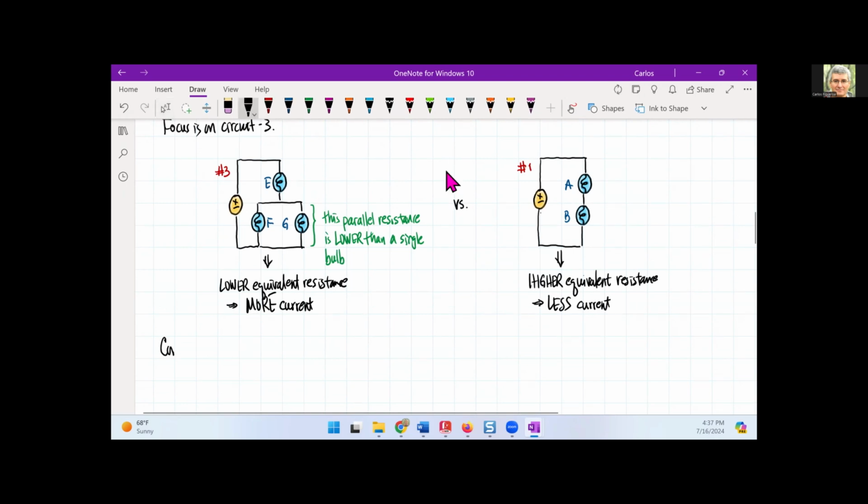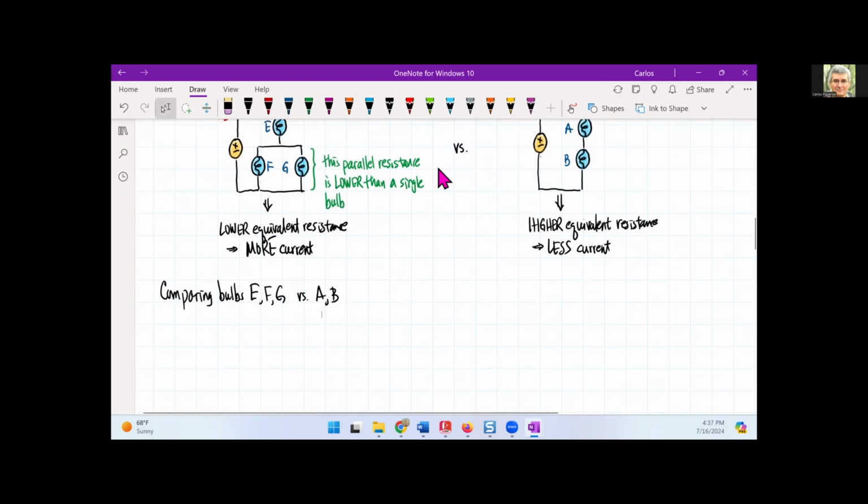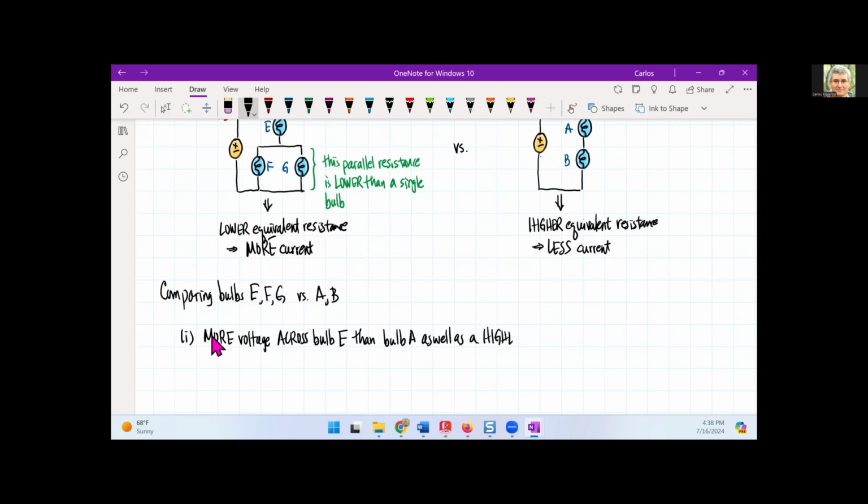So comparing bulbs E, F, and G versus A and B, the first thing we have to say is that there's more voltage across bulb E than bulb A, as well as a higher current.